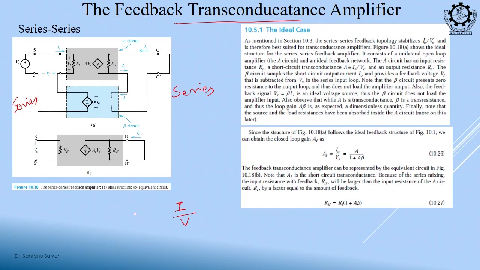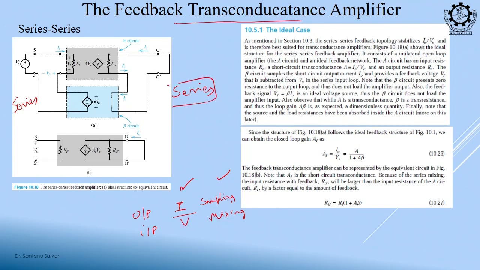So, you will understand that the output side it must be current sampling, right, and at input side it must be voltage mixing, okay. So, one name, two name, and if current I want to sample, that must be in series, right. If it is in a loop, then only same current will flow. If it is in parallel, then different current will flow, right.